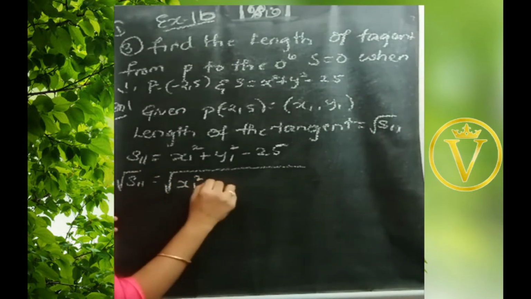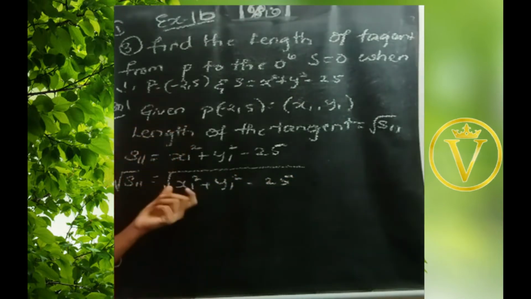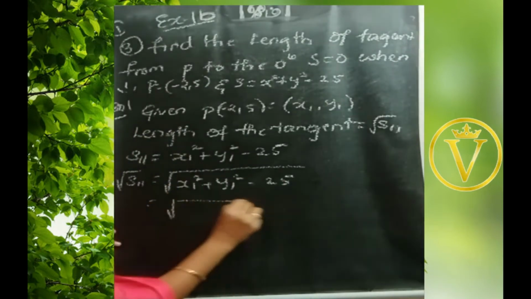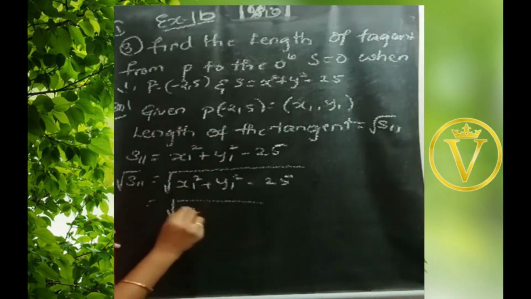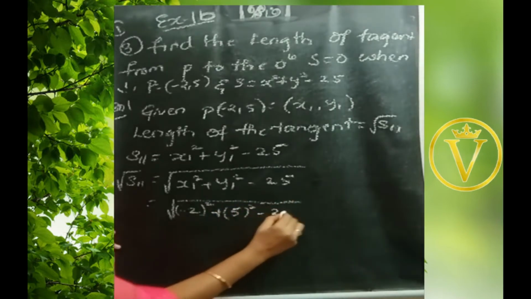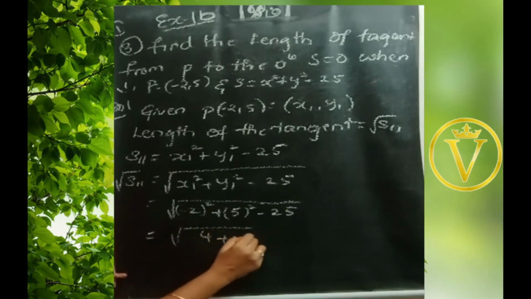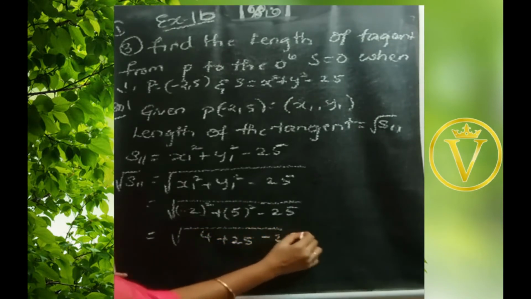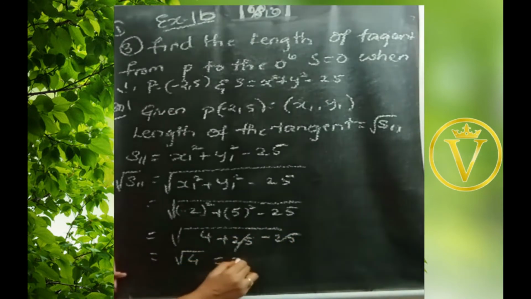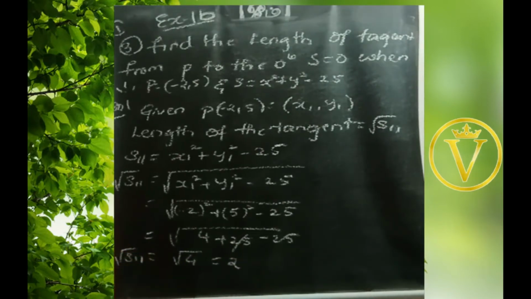Now substitute the points in the place of x1 and y1. So x1 value is minus 2 whole square plus 5 whole square minus 25. So root of 4 plus 25 minus 25, the 25 will get cancelled, root 4 equals 2. So the root S11 is 2.